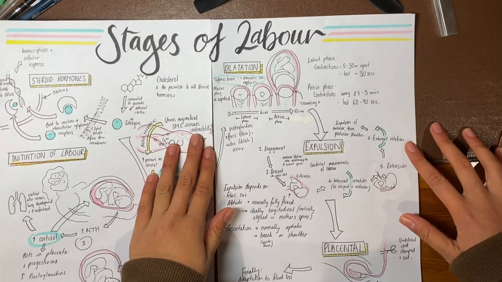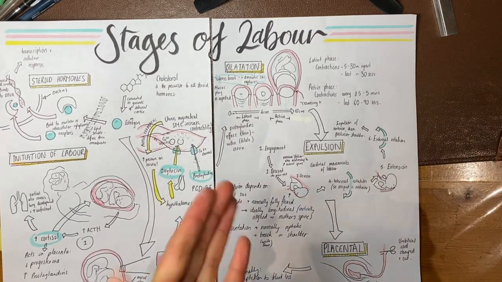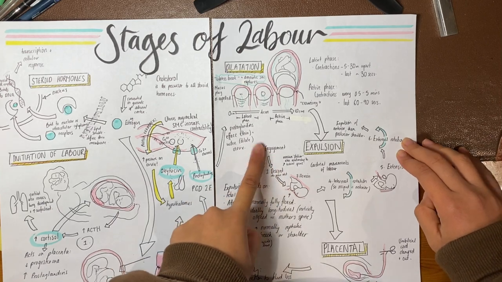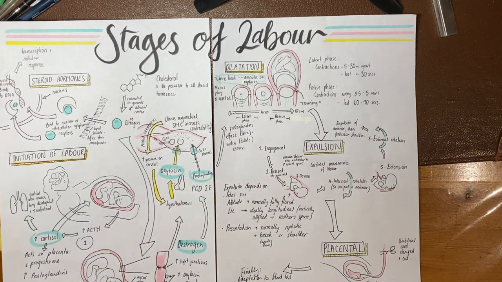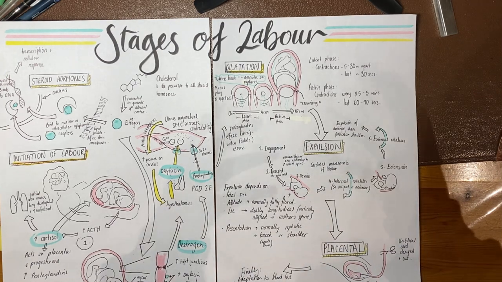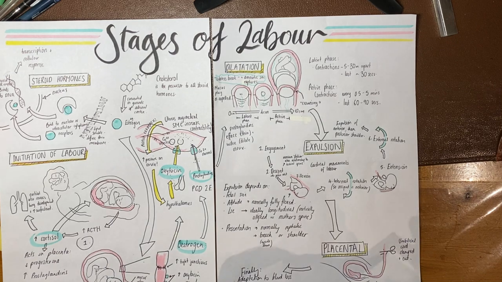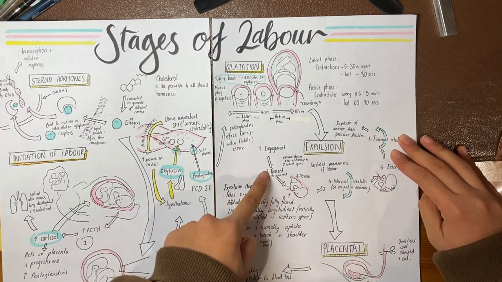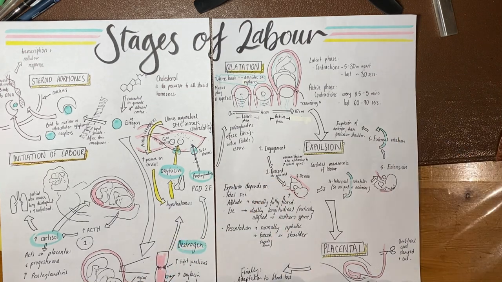So, beginning with engagement. The first thing that happens is the baby engages with labor. And then the second thing that happens is that the baby, the fetus, descends into the pelvic inlet.